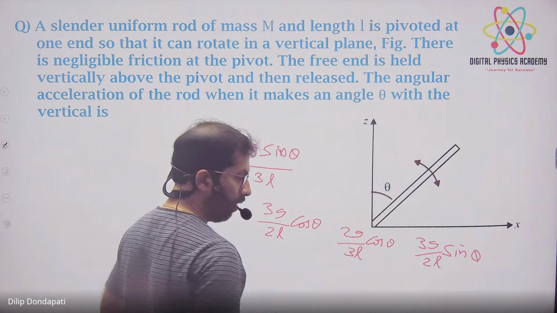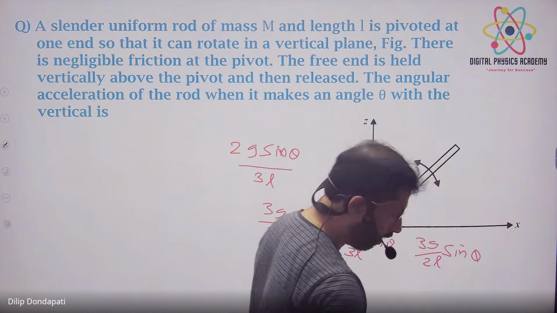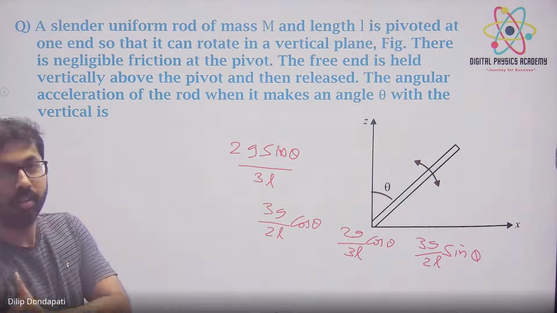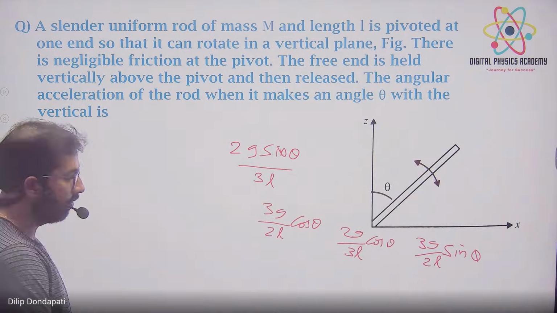Sir, 3g by 12 sin theta. Without calculating something, don't just say it. Calculate nicely. No, sir, I saw a question with the same options. Wrong answer. Calculate. Do it from here.